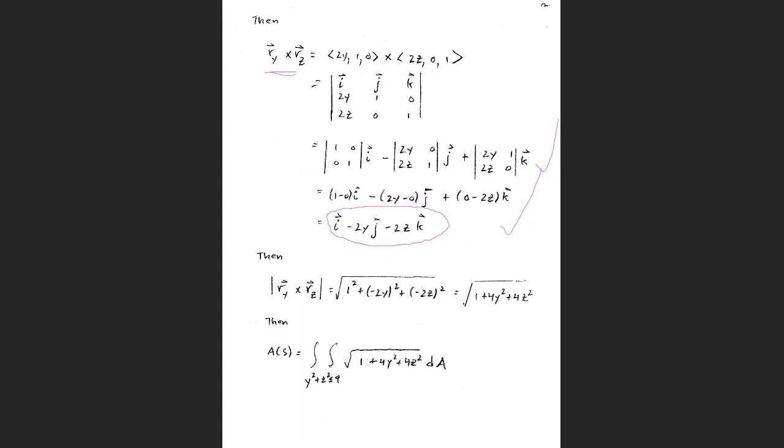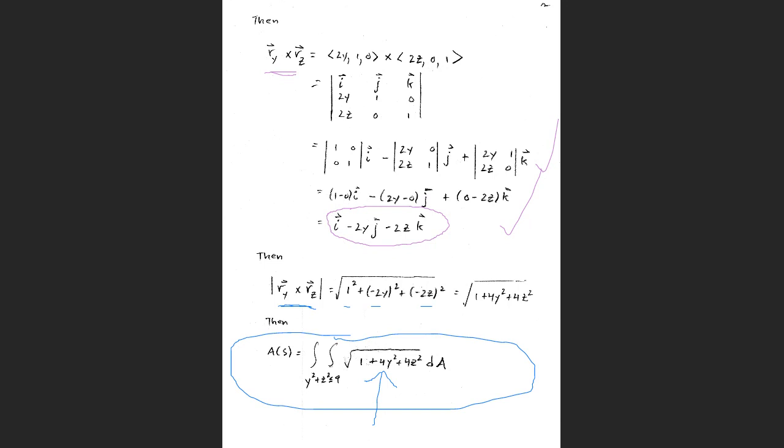Okay, so, now that we have the cross product of the two derivative vectors, we can find the length of that cross product vector. We just square each of the components, add them, and take the square root, and now we know what the integrand is for our surface area formula.